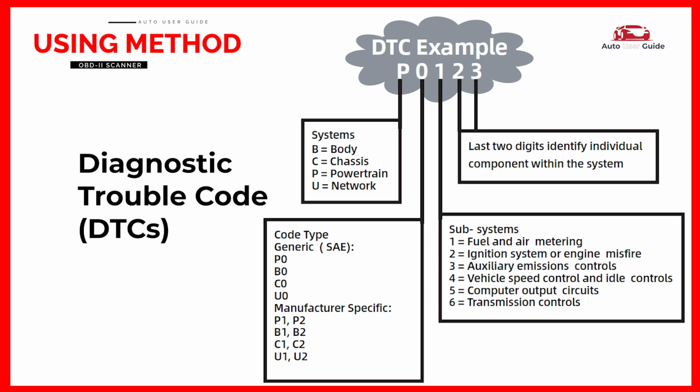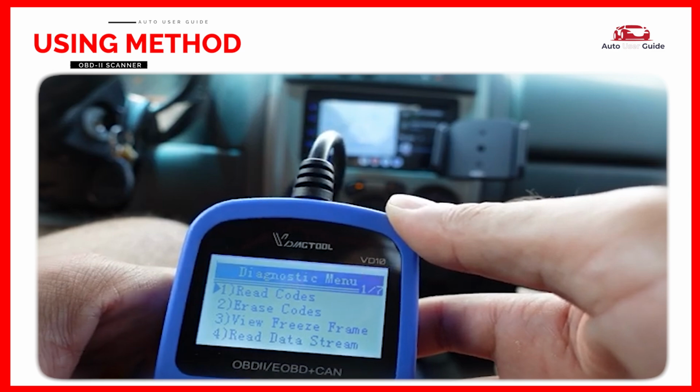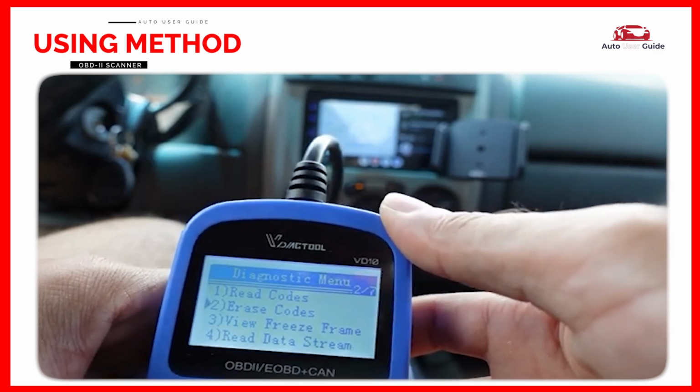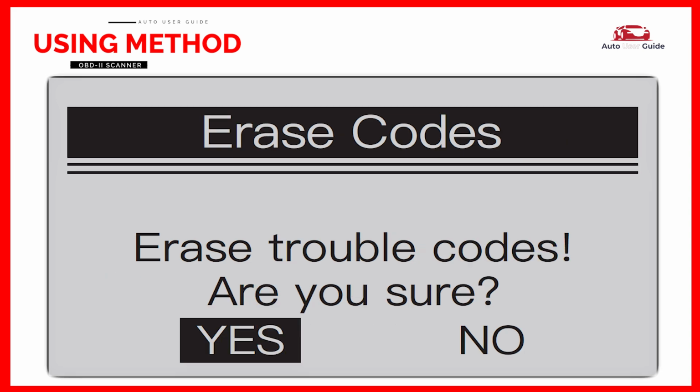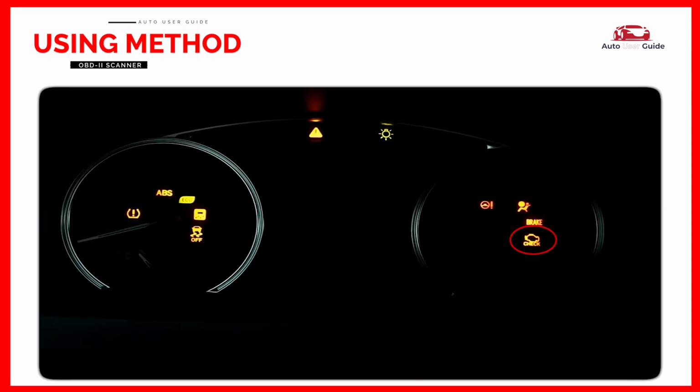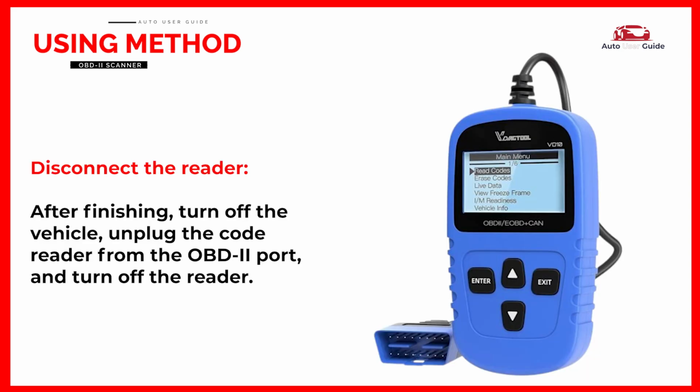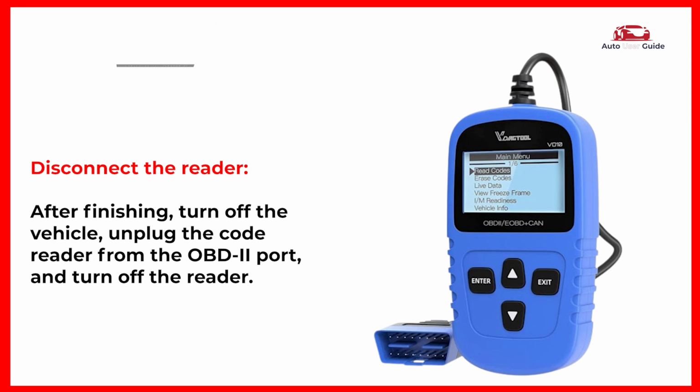Each code corresponds to a specific issue in your vehicle. After you've noted the codes, you can use the Clear Codes function on most code readers to reset the vehicle's engine control unit and turn off the check engine light. After finishing, turn off the vehicle, unplug the code reader from the OBD2 port, and turn off the reader.